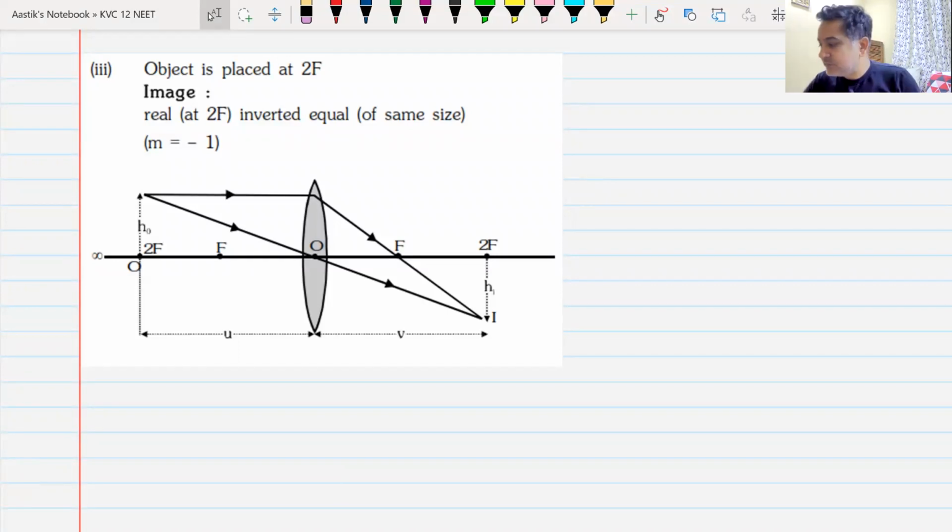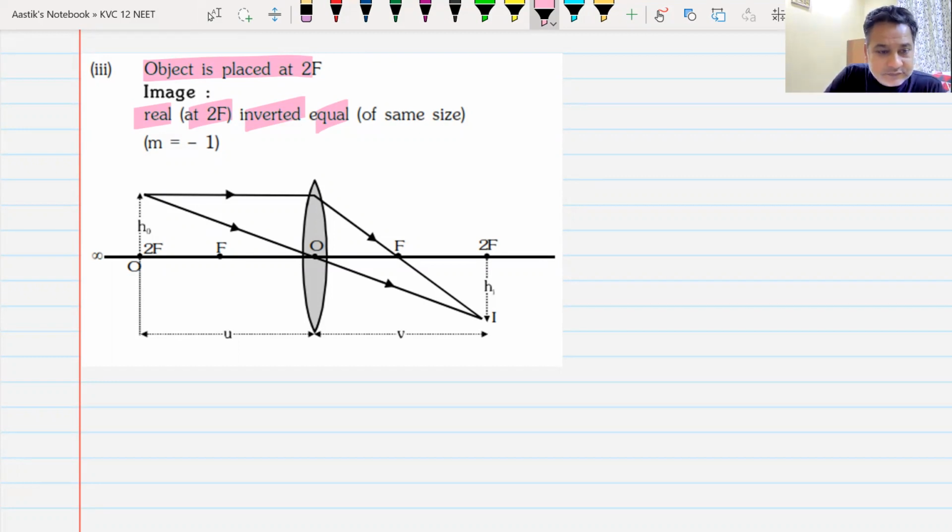Real, sir. So the object is placed at 2f, the image is real, at 2f, inverted, equal in size. The only difference is that in a mirror, it was on the same side. Here, it is on the opposite side. Do we understand this? Yes, sir.